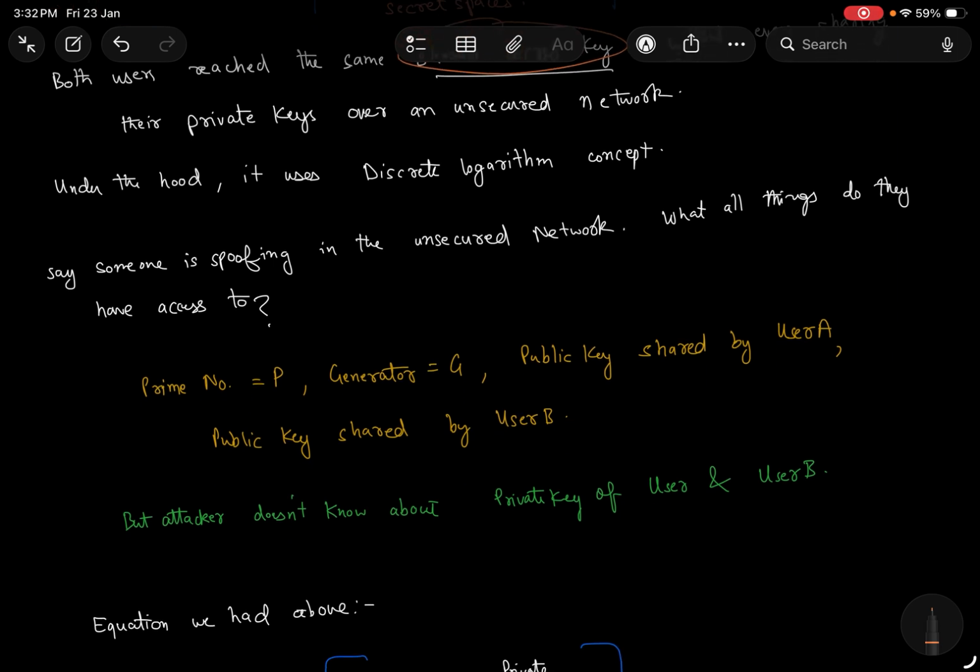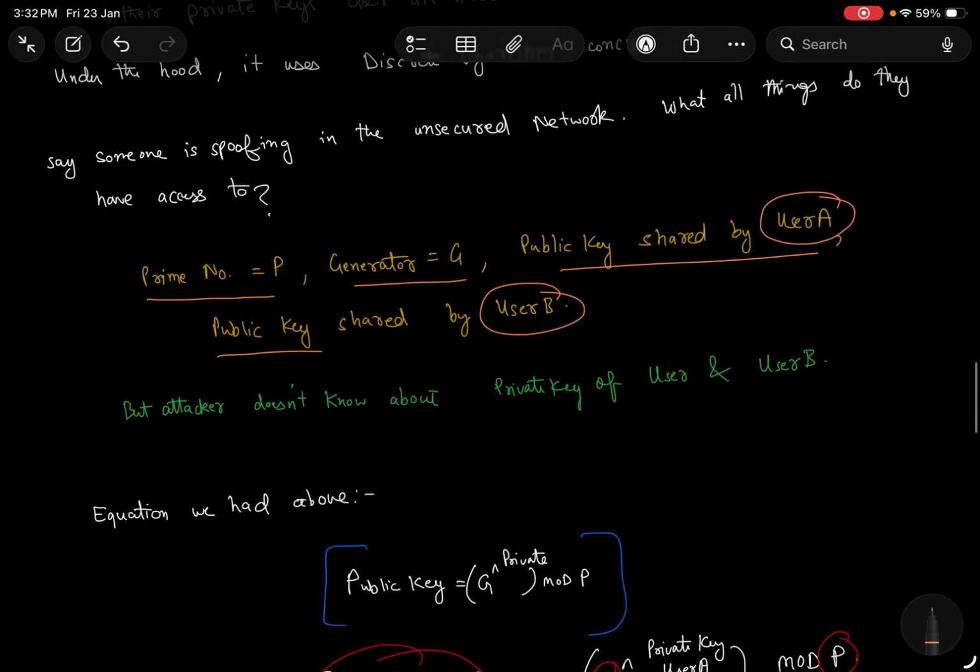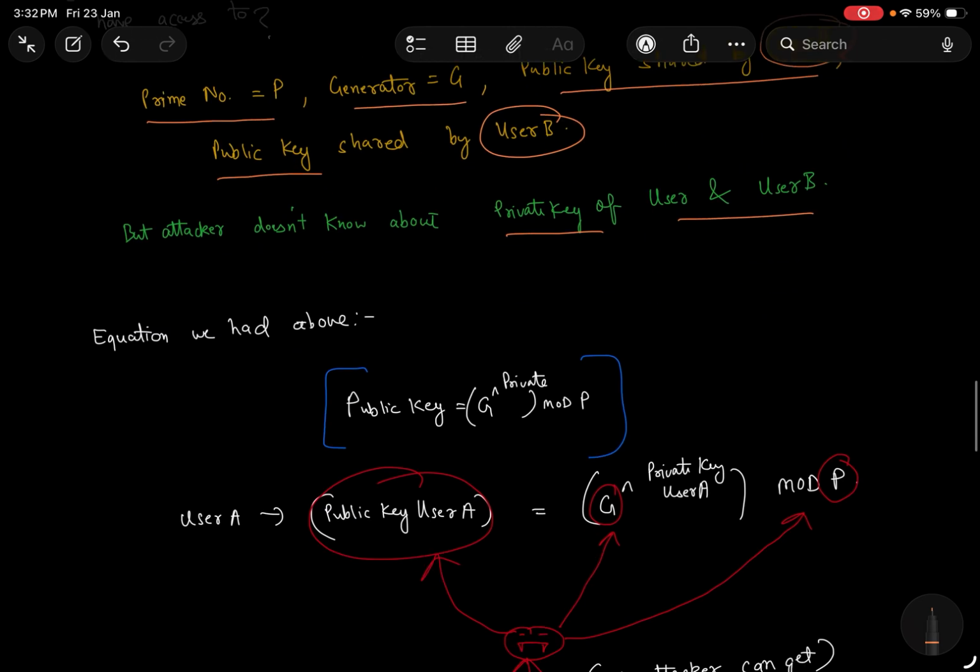They can have access to the fixed values, which are P and the generator value G. Then they can also have access to the public key shared by user A and the public key shared by user B, not their private keys, or eventually the shared secret keys which they computed. But the attacker doesn't know the private keys of user A and user B, as I just mentioned.